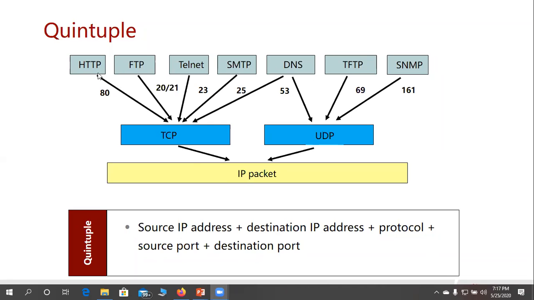So if it is going to HTTP, it is going to go to port 80. When you are transmitting a file, you're dealing with port 20 or 21. Telnet, it's port 23. And then SMTP, it's port 25. So SMTP, this is a protocol that is involved when you are sending an email. DNS, it's port 53. So you can see TCP is used by HTTP, FTP, Telnet, and SMTP.